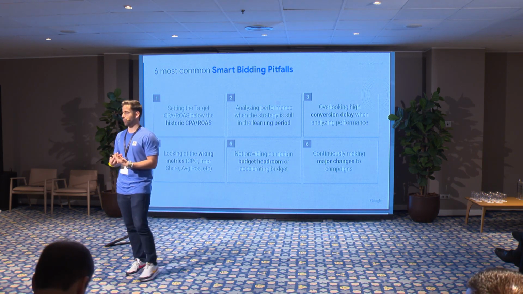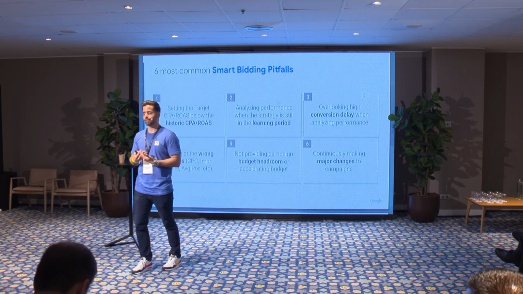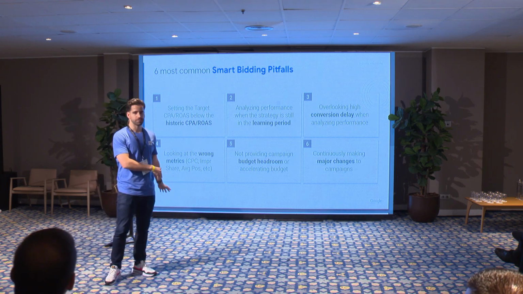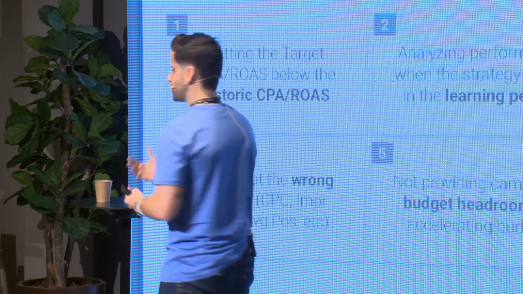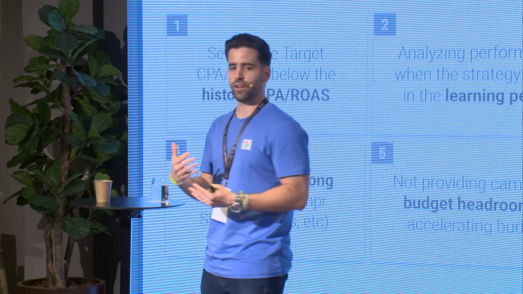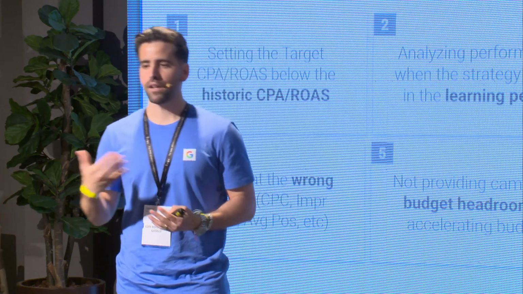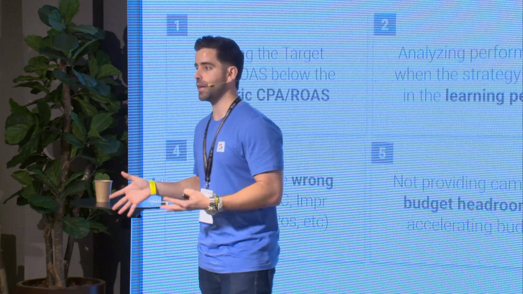So ideally, what I recommend to my clients is that we set a CPA at least 4 or 5 times higher than what is possible within the market. Because by doing so, we're going to give the algorithm some space to optimize, okay? Start finding some leads, start finding some volume, and then step by step, we're going to decrease that target CPA, okay?